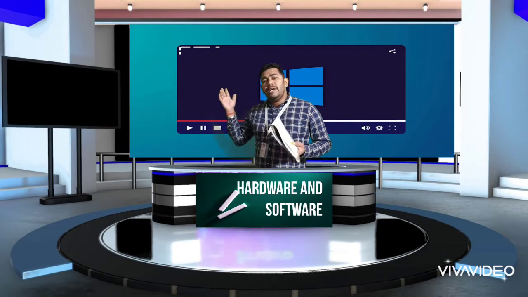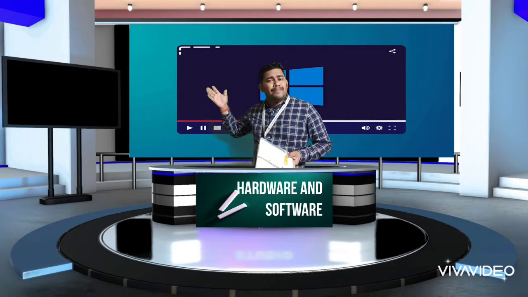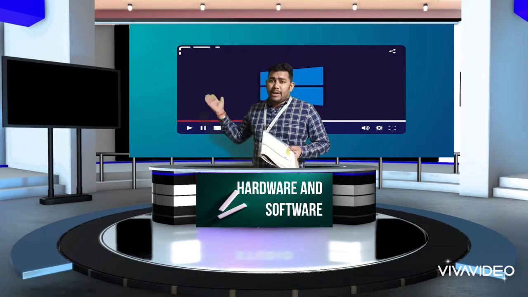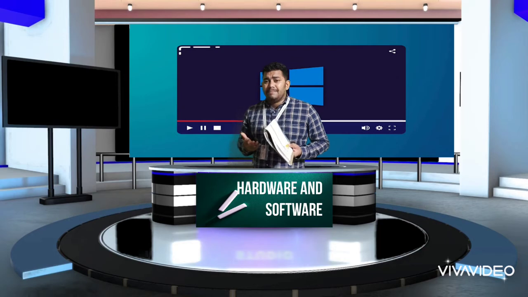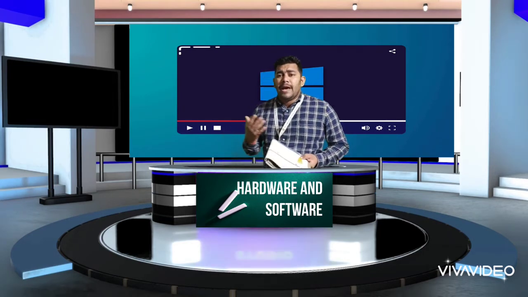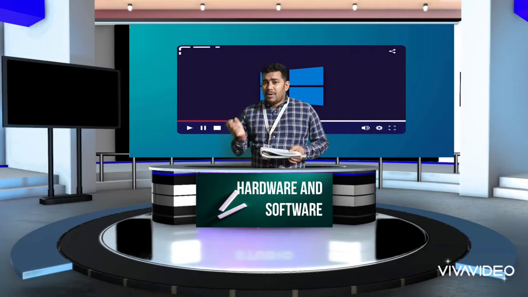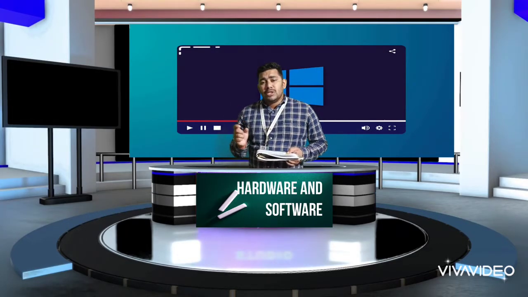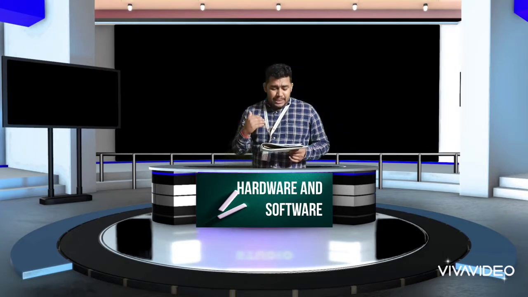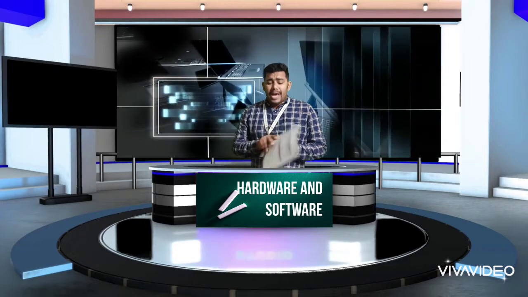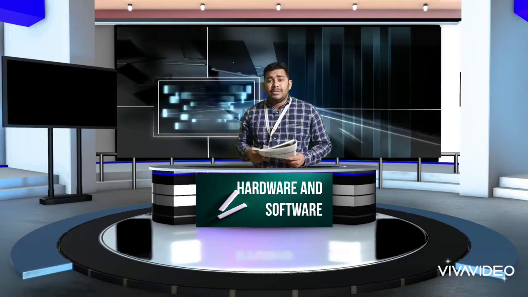It can only play videos and MP3 songs. It cannot work on other things other than videos and MP3 songs. So its specific task is playing videos and MP3. So these are some application based questions. So we have done with our chapter.